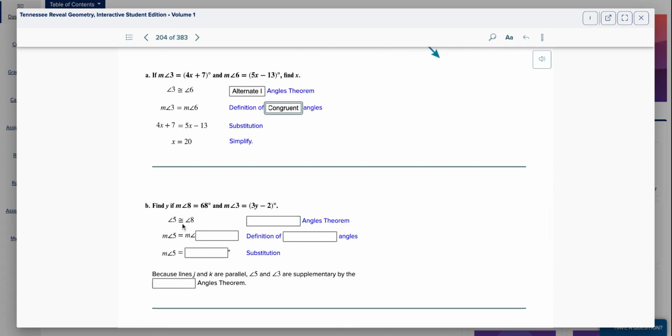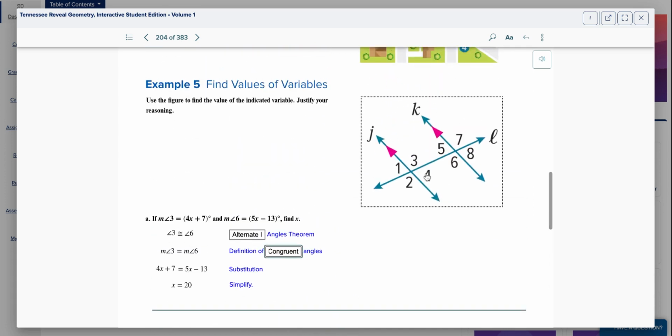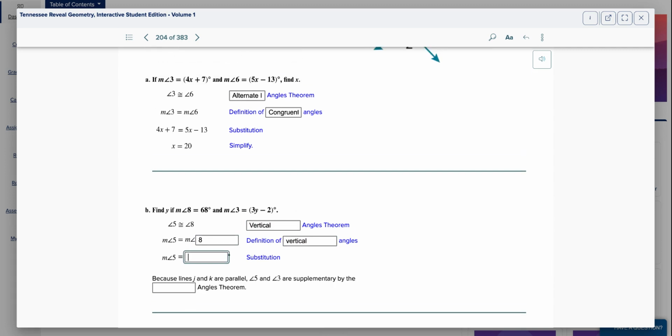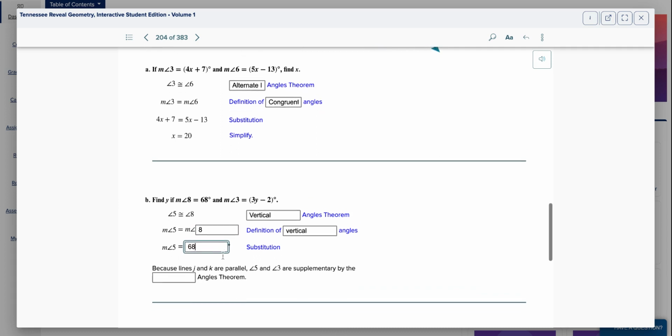So 5 and 8. Well, there's 5 and 8. 5 and 8 are vertical angles. And 5 would be congruent to 8 because of the definition of vertical angles. Looks like angle 5 would be 68 degrees because angle 8 is 68 degrees.